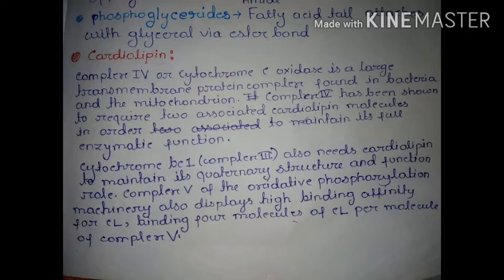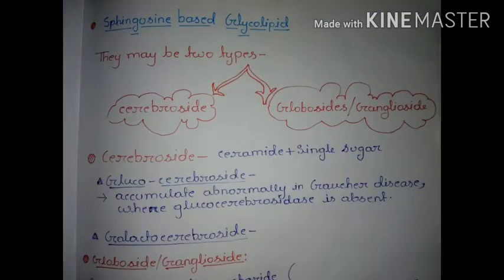So this is the role of cardiolipin. The main role of cardiolipin is to maintain the structures of the enzymes which are present in the inner mitochondrial membrane.